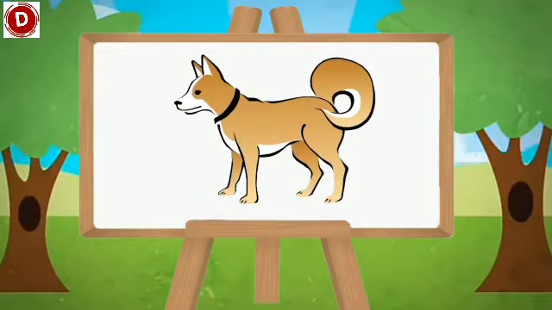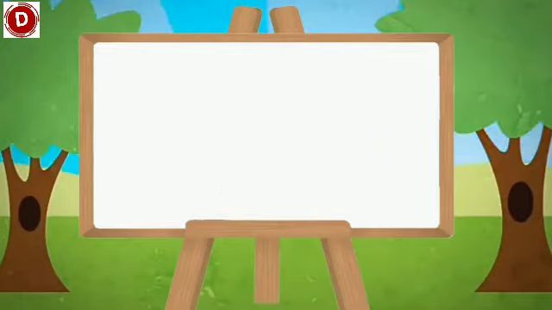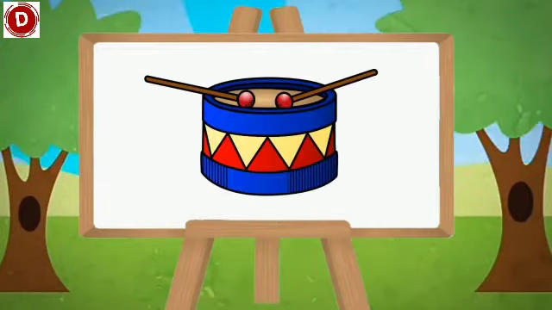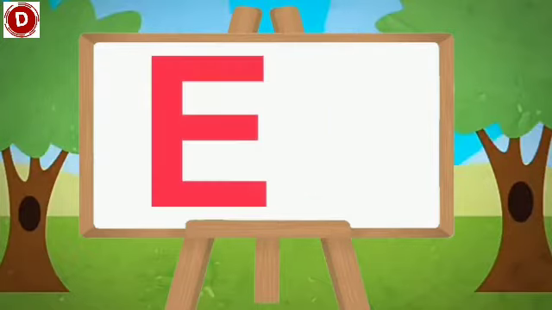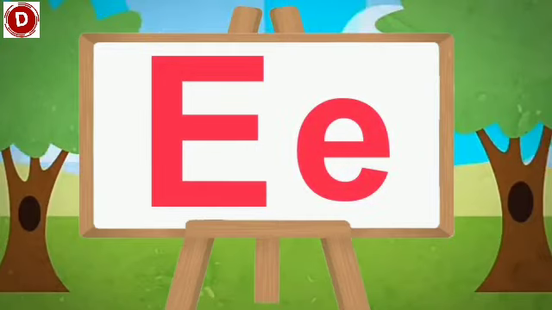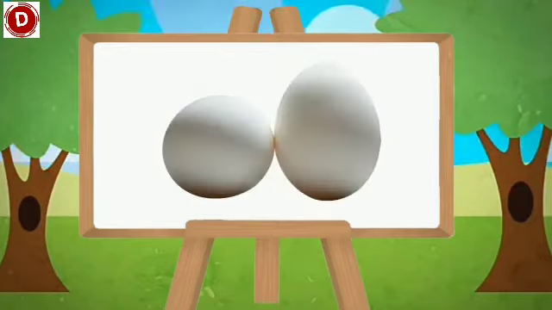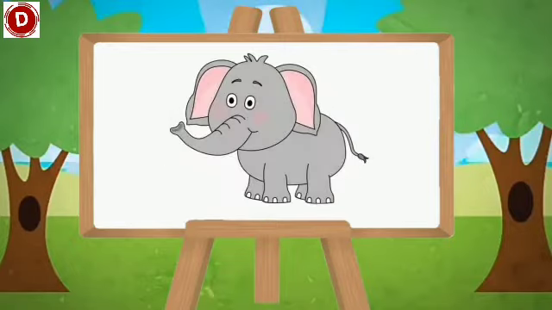D for dog and D for drum. Here comes E, capital E and small e. E for egg and E for elephant.